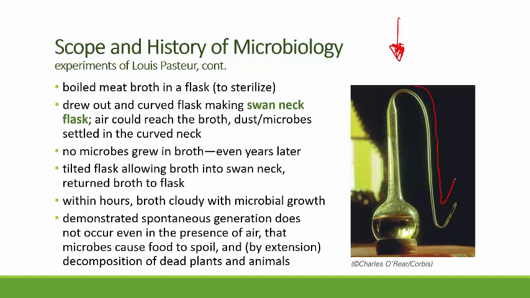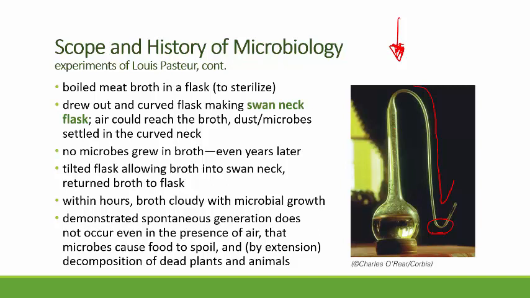When he set his swan neck flasks out with access to the open air, air could certainly make its way up the swan neck, but any dust would settle out down here in this neck. So he had devised a very ingenious method of making sure that whatever dust, particles, and microbes might be in the air would settle out before the air could make it to the broth itself.